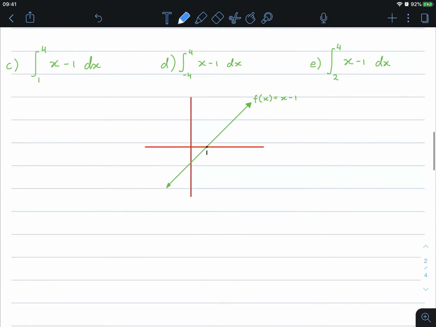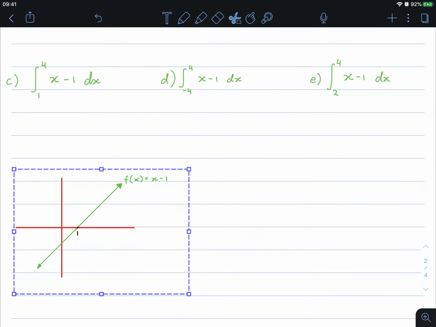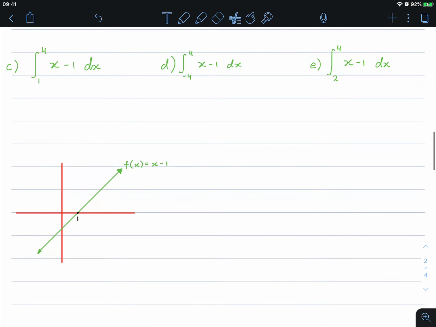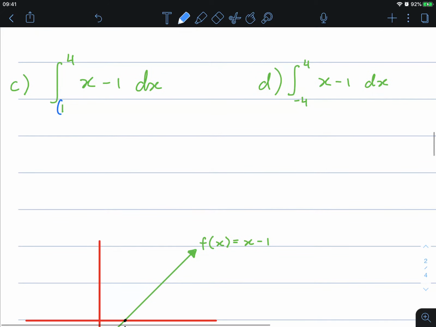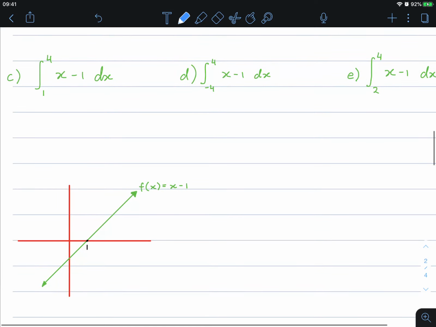Now even with functions such as this, that is a straight edge, if we wanted to find the area from 1 to 4, so I've marked 1 here already, and let's say 4 is somewhere here. We can see that this is the area of a triangle. So the area of this is going to be half the base. Let's say that this is the base, so we need to figure out what that height is.